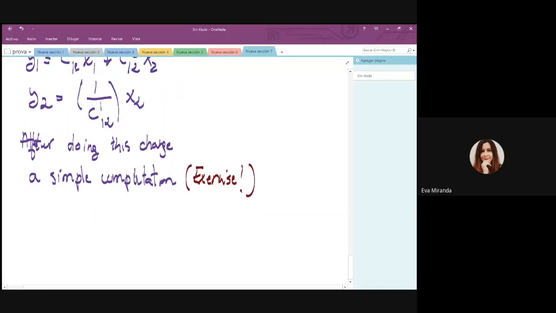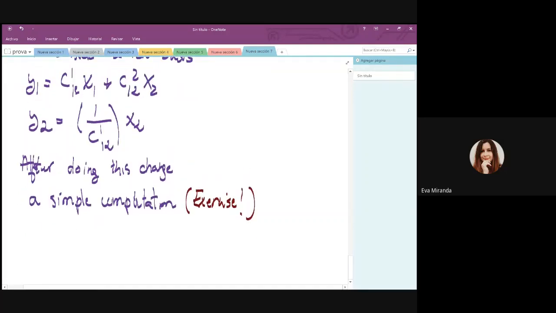It tells me that the bracket of y1 and y2, which we can do as an exercise, equals y1. And that's the second big case that we have.